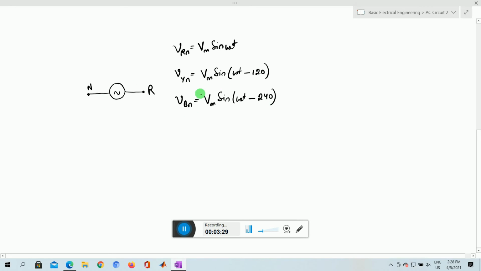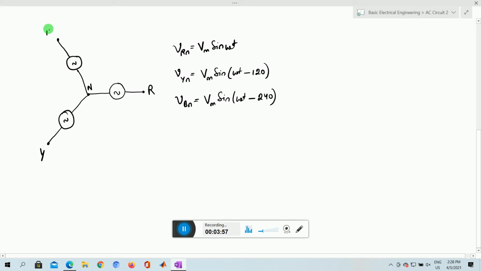As per the time, let us also represent it in space. This one and this terminal, let us draw properly. This one is our Y. So here R, Y and N, this is the source. It is represented like this.